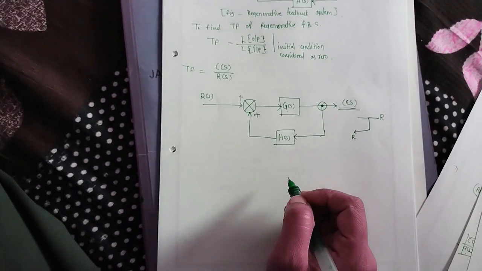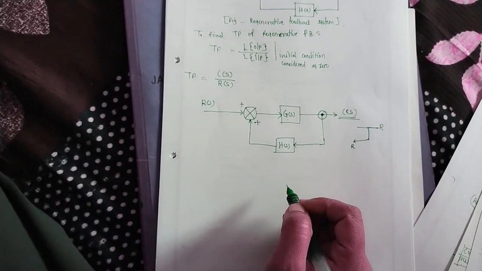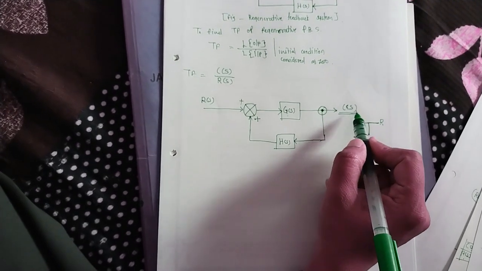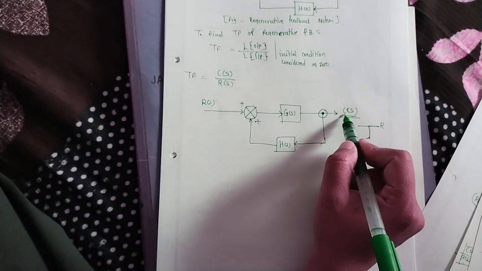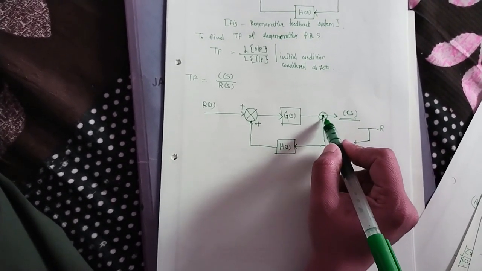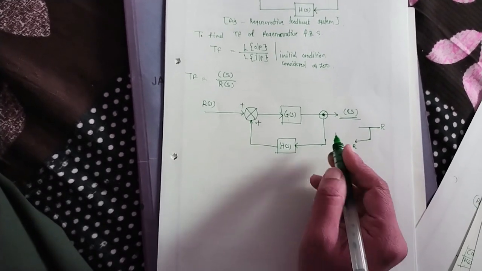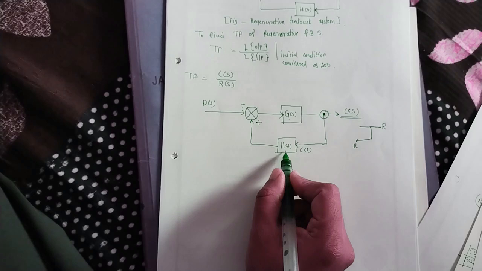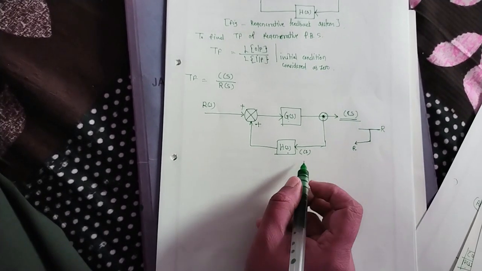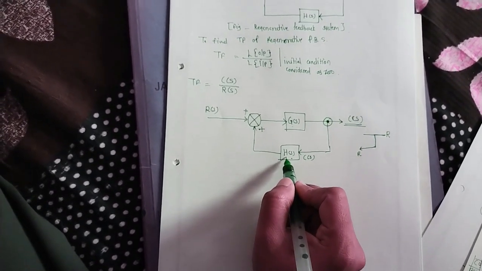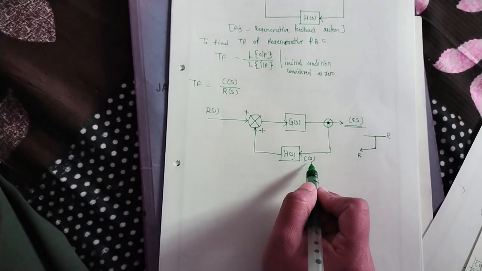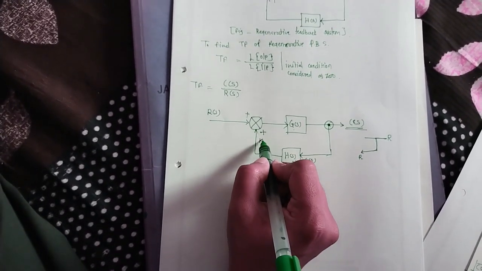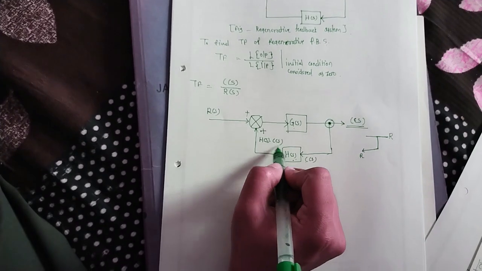So here C of S is coming as an input to this takeoff point, and as an input to your H of S block. The H of S block and C of S get multiplied, and after the H of S block you get the output H of S into C of S.